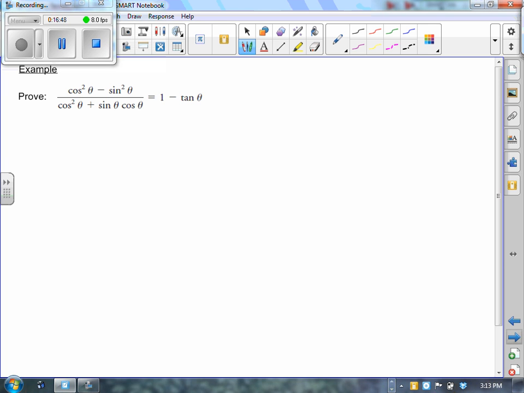So in this particular example, notice that we have quadratic terms, we have a fraction, we have a tangent involved. So in terms of proving this, we need to split it out into left and right hand sides. And we often tend to work with the side that looks busiest.